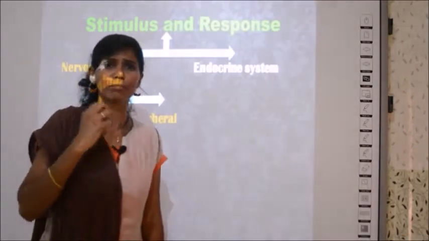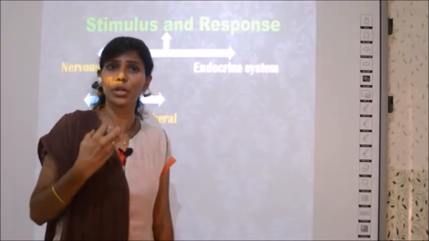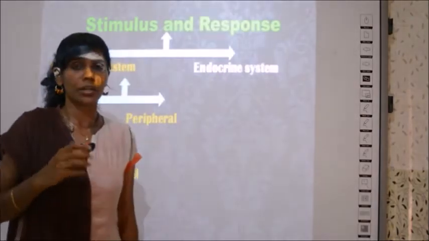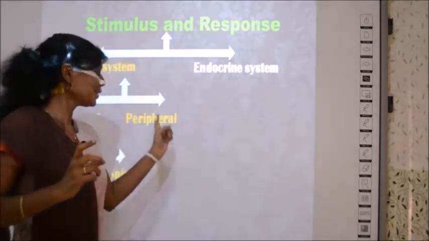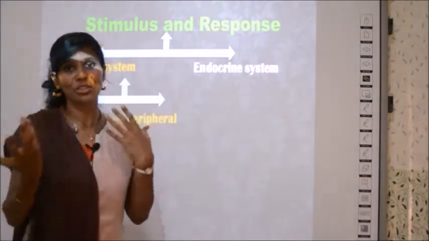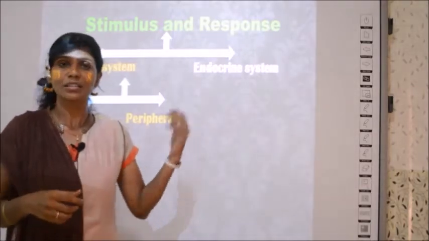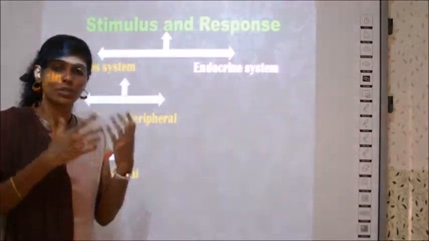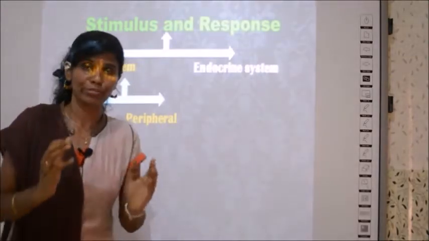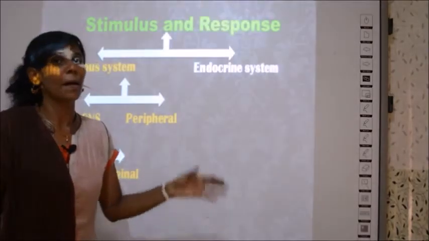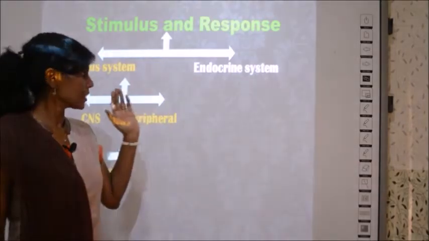So I thought the study of all the nerves of my body was the nervous system. Actually, the study of all the nerves of the body is called the peripheral nervous system. I was partially right maybe. So what is the peripheral nervous system? All the nerves of your body are called the peripheral nervous system.